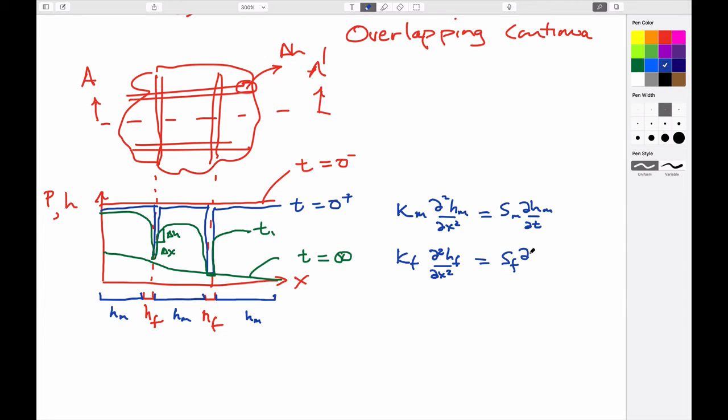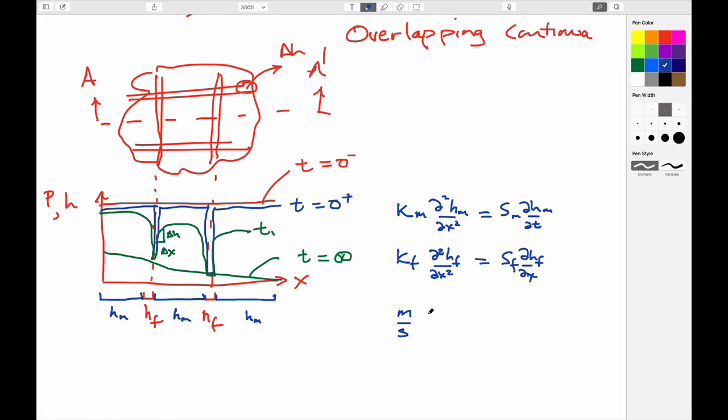And to realize that the units of this, if we look at the units of this and understand what it means, are a mass flux per unit volume. So let's look at this. Hydraulic conductivity is meters per second.